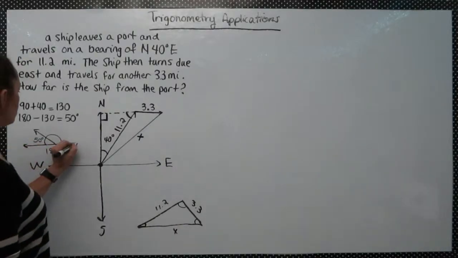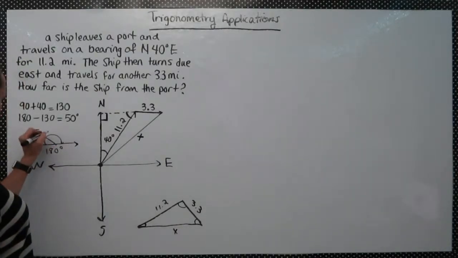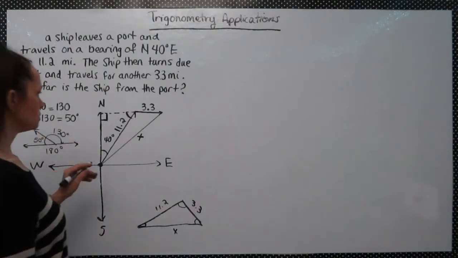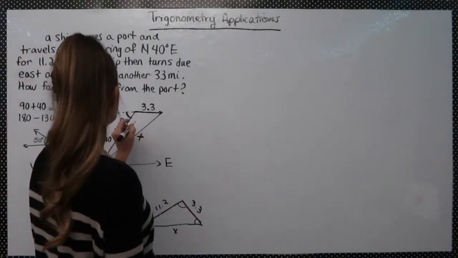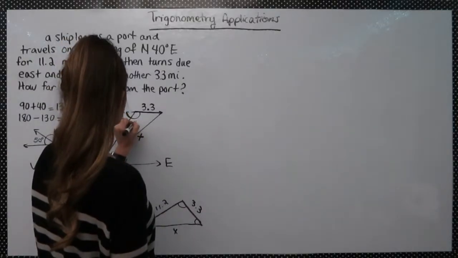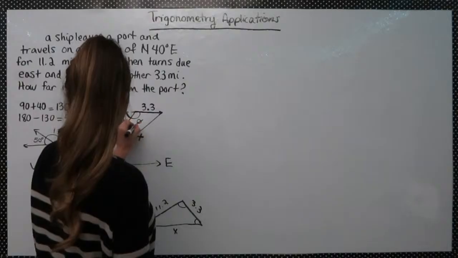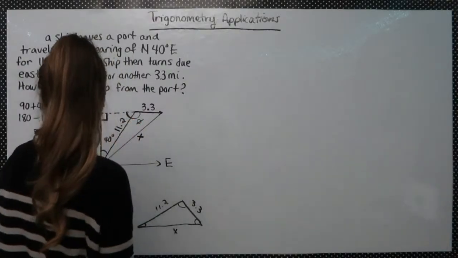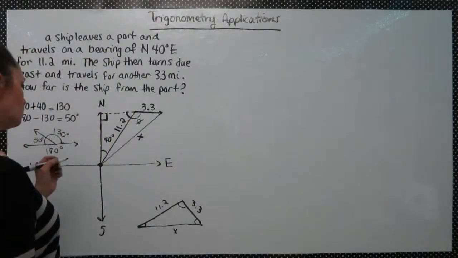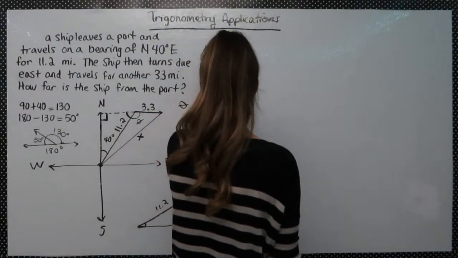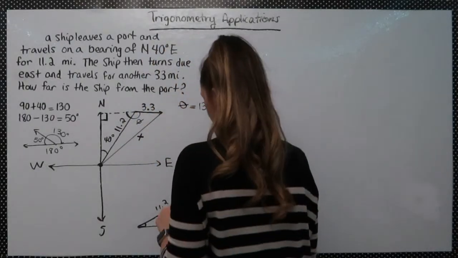So you have 180 minus 50, and you know that this one is 130. So that is how I determine what this angle is. We can just call it theta from now on. So theta is the angle we're going to use for this problem, 130 degrees.